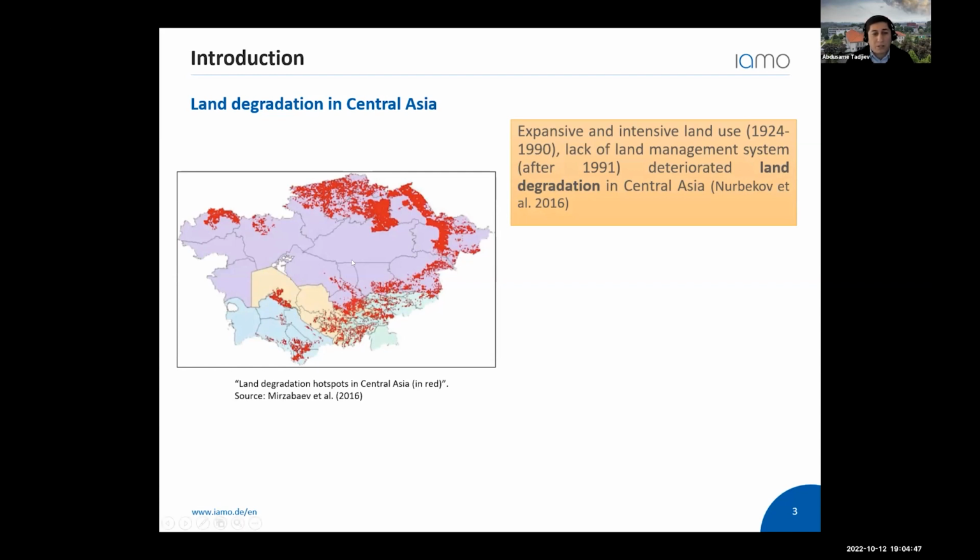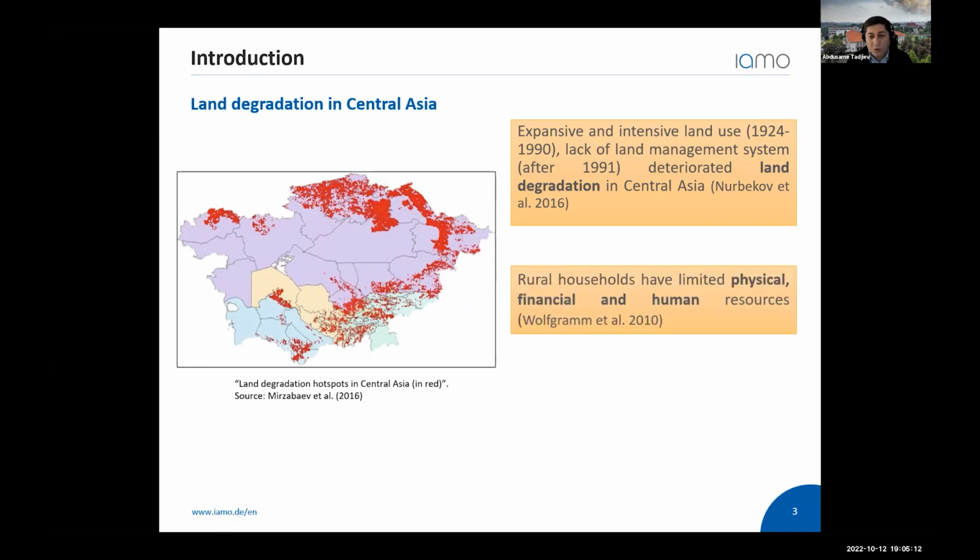As you see on the right side of the presentation, there is a map of Central Asian countries, and there are several red hot spots which show land degradation zones. So almost all Central Asian countries have a land degradation problem.